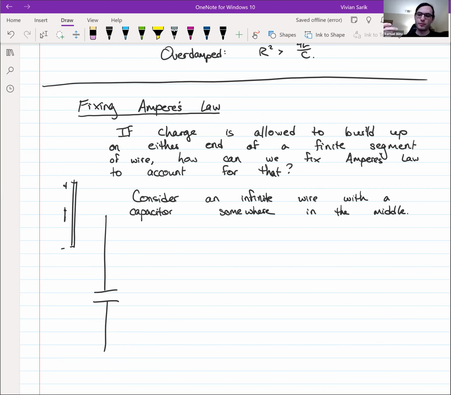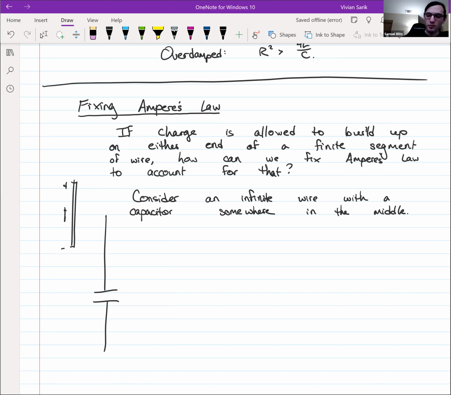But there's an issue. Remember that the way we defined the enclosed current for a loop was we imagined that you stretched a balloon over your loop so that the edges of your loop are the edges of this surface. And then we asked how much current went through that surface. But you can stretch that surface however you want.